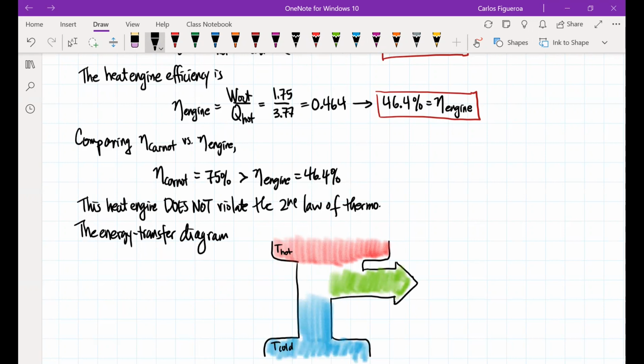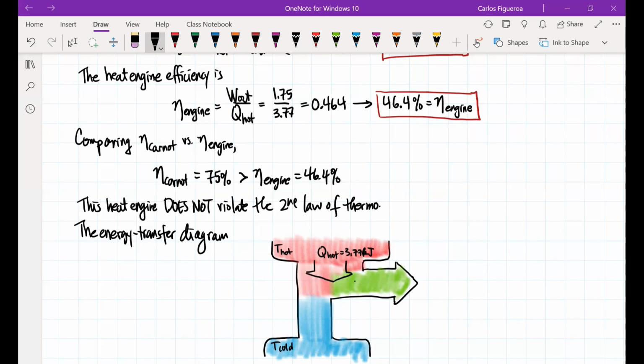And then what you're seeing here is that I have a big, thick arrow. And it's this arrow that's Q hot, which is 3.77 kilojoules.